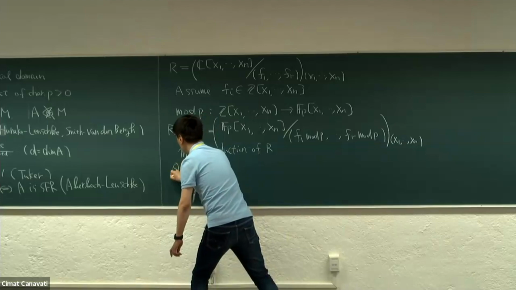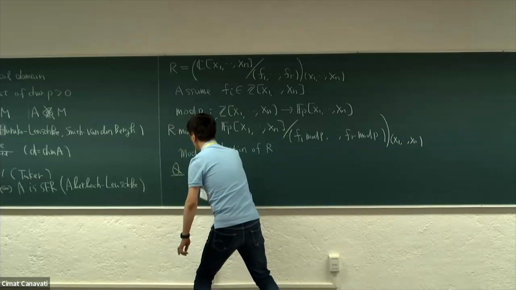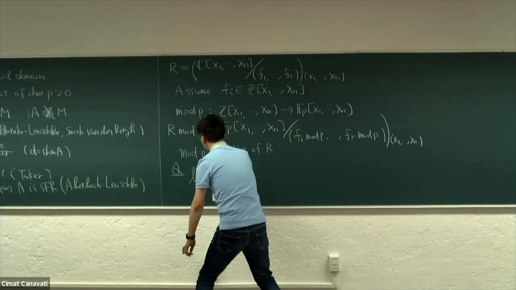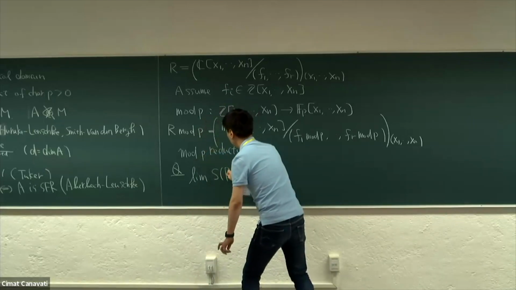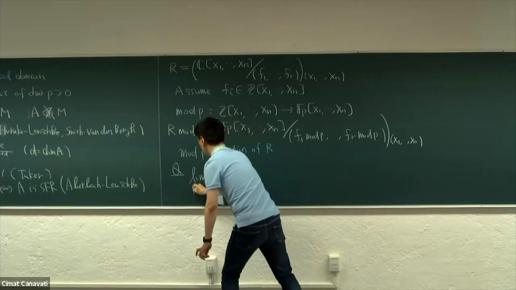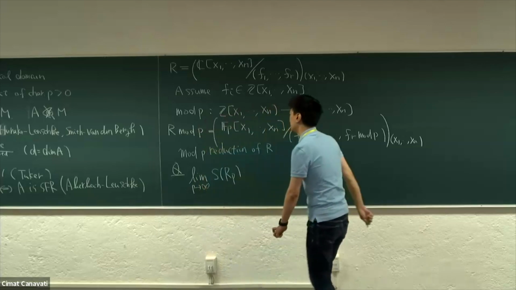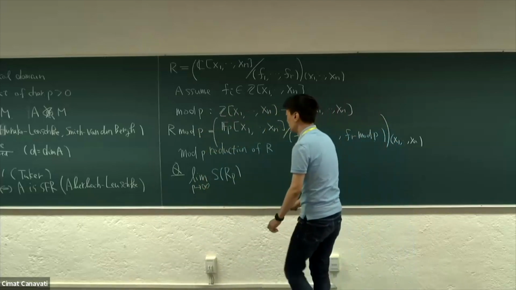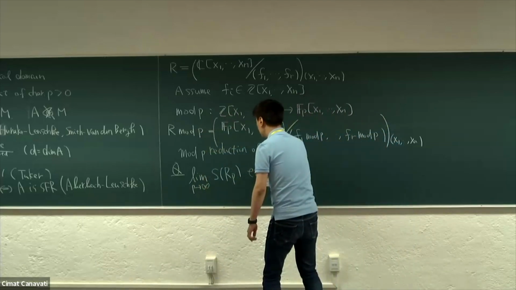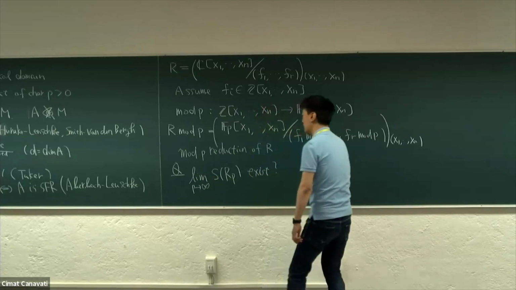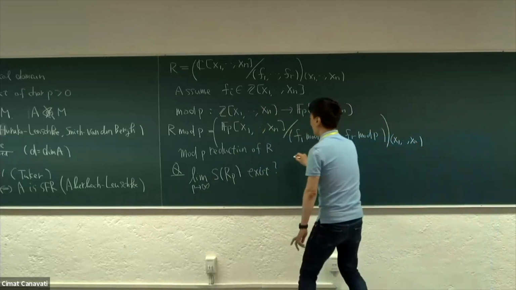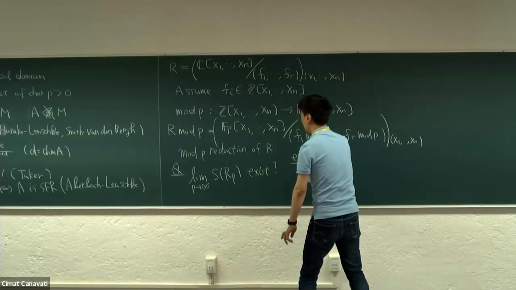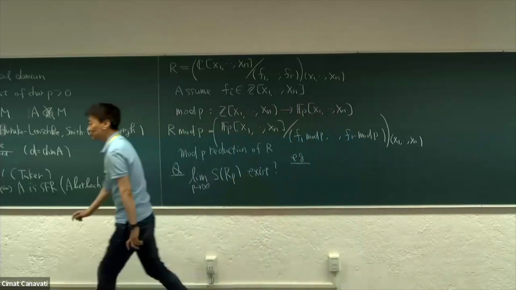My first question is, you can consider the limit of the F-signature of the modulo p reduction of R as p goes to infinity. Does this exist? I don't know the answer, but I give you some example.